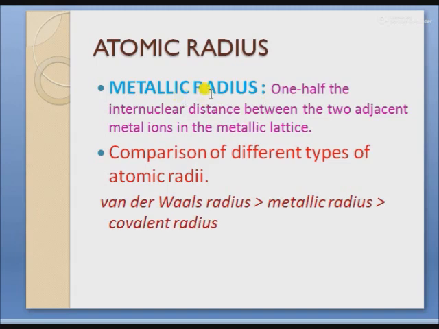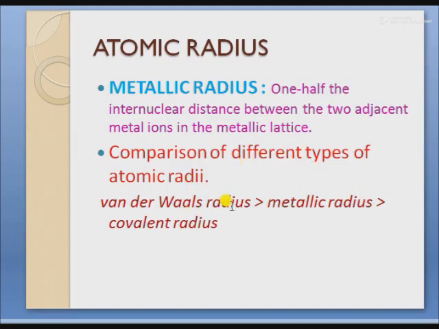The force of attraction between the mobile electrons and the positive charges is called a metallic bond, and the metallic radius is one half of the internuclear distance between the two adjacent metal ions in the metallic lattice.